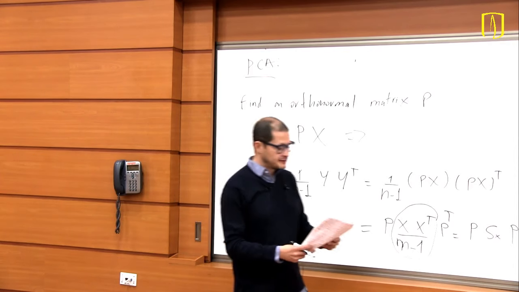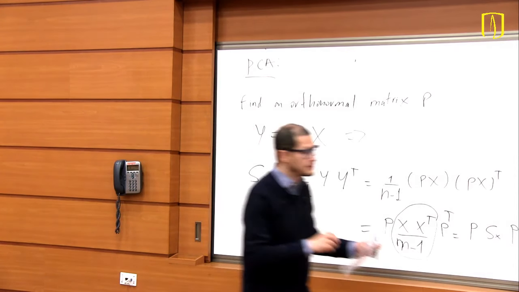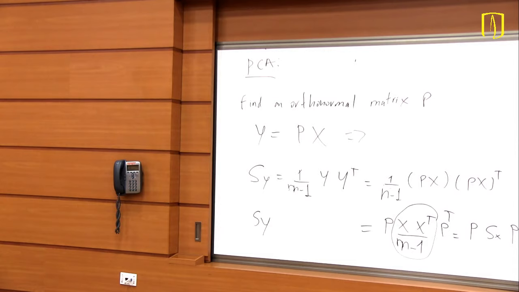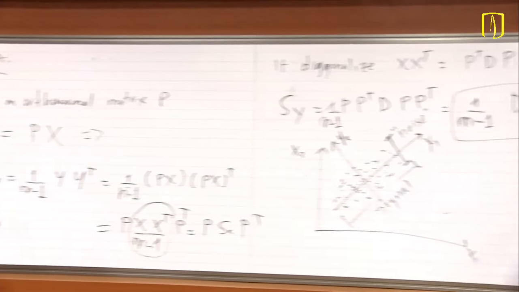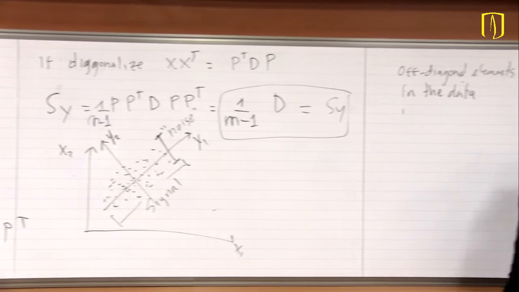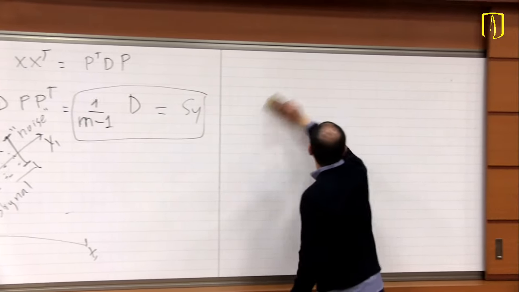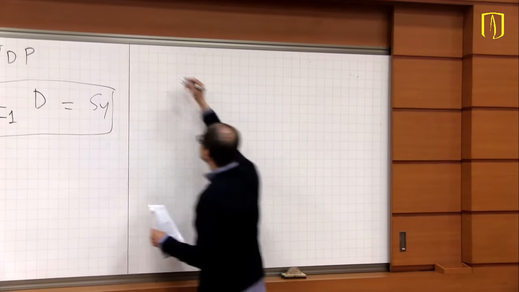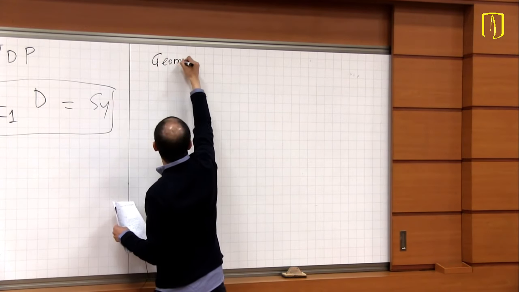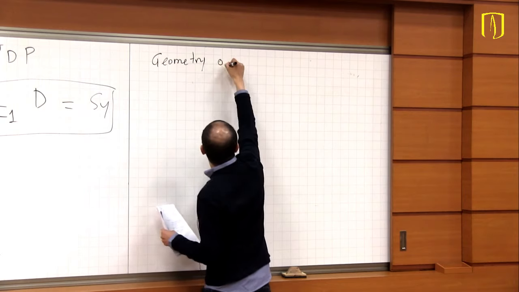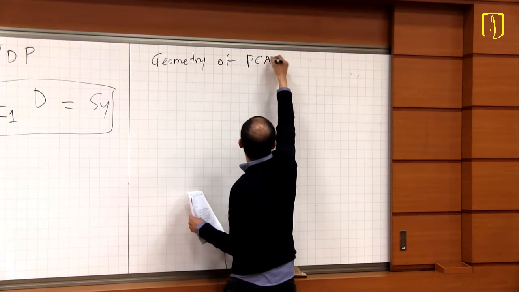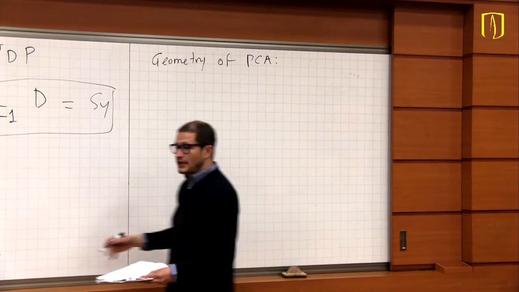The geometry of PCA, let me tell you a little bit about this. It's a different point of view, so this part is even more informal, almost just words, but let me tell you anyway.